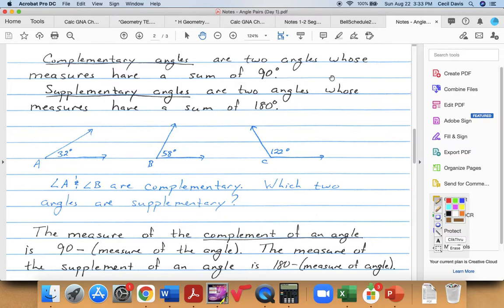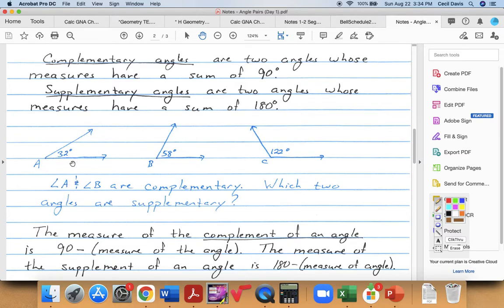It means two angles whose measures have a sum. In other words, we add them together and we get 90. If you just say complementary angles are 90, that makes it sound like they're right angles, and that's not true. Supplementary angles, same idea. Two angles whose measures have a sum of 180 degrees.